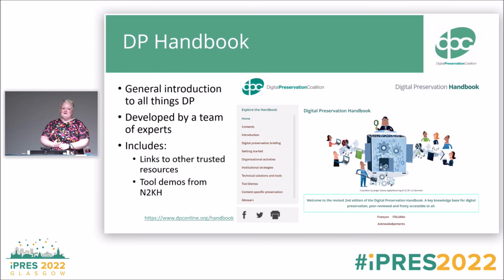So it's all, again, good practice advice from people who are doing digital preservation. It includes lots of links to other trusted resources as well, and it also has video versions of all the tool demos from the Novice to Know-How course. We are looking to do an update of the DP handbook, so probably sometime next year we'll be looking to launch the 3rd edition, so keep an eye out for that.